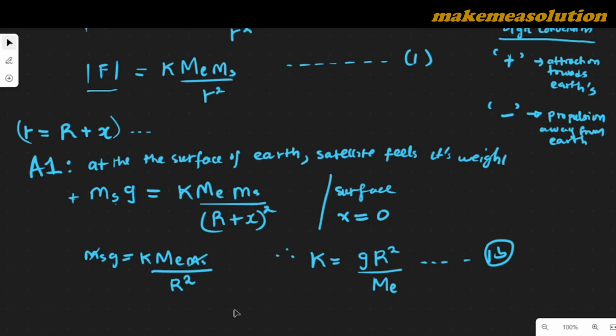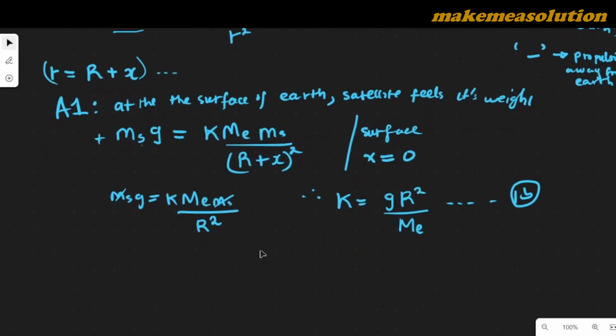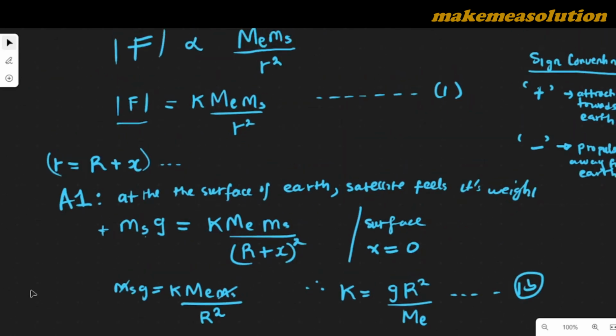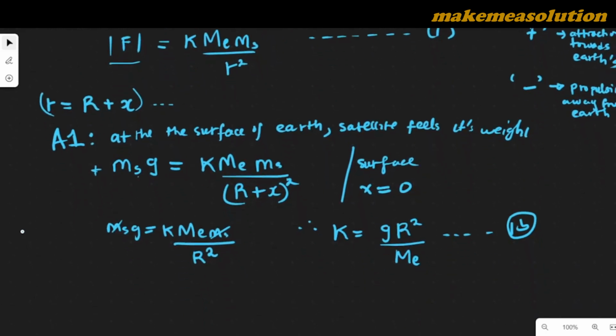So when we do the cancellations and make k the subject of the formula, we have k equal to g r squared over Me. So we're now going to substitute this in equation 1. Substituting it in equation 1, the magnitude of the force between two bodies is k, which is now g r squared over Me, times the mass of earth, times the mass of satellite over r squared.